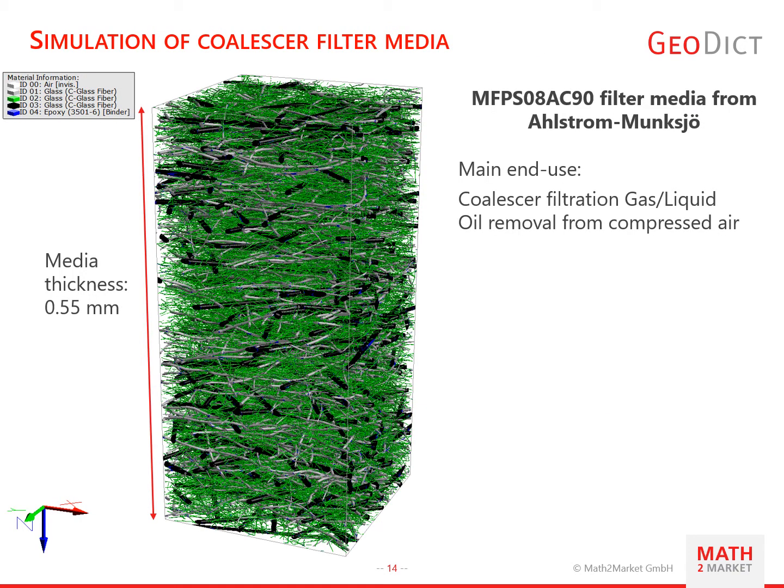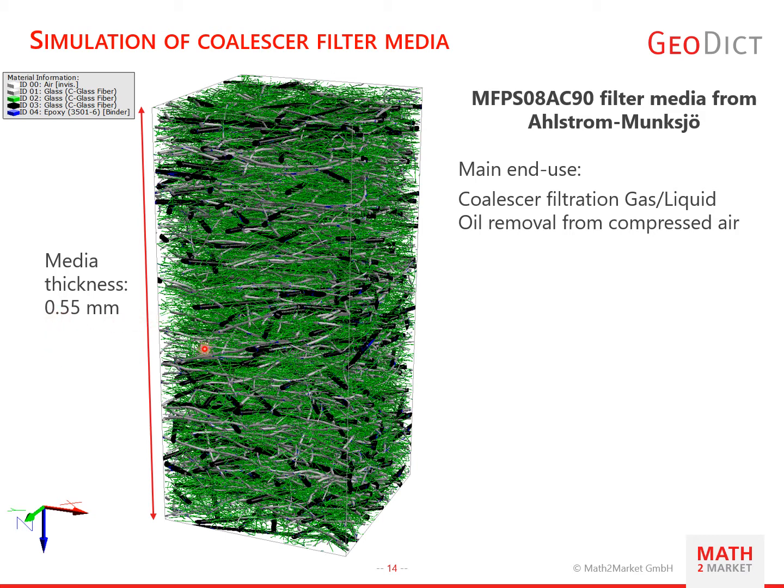In this slide, we can observe a realistic case. So we modeled a fibrous media, which is a coalescer filter media from Alstom München, with application for oil removal from compressed air. The media is made of fibers with 3 different diameter size distributions, having quite fine fibers, with the finest fibers in the range of sub-micrometer diameter size.